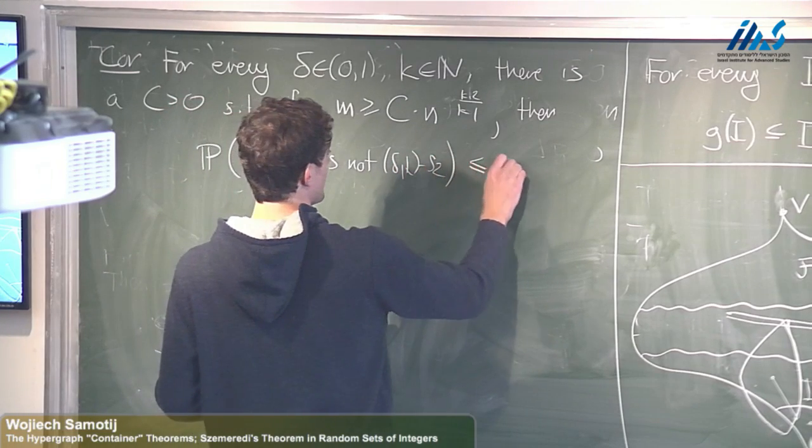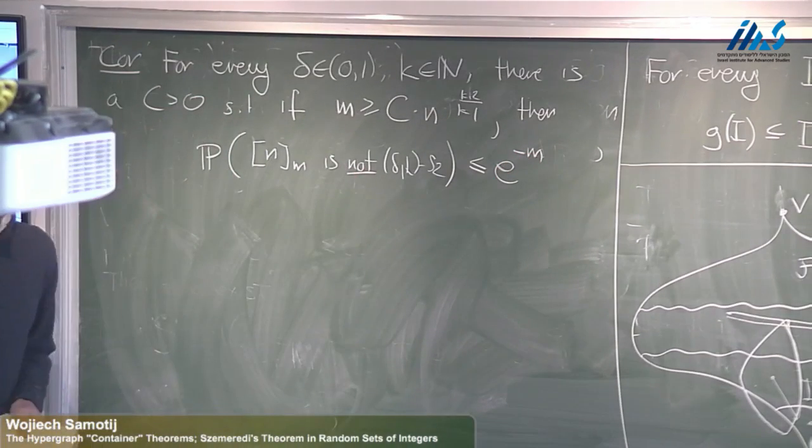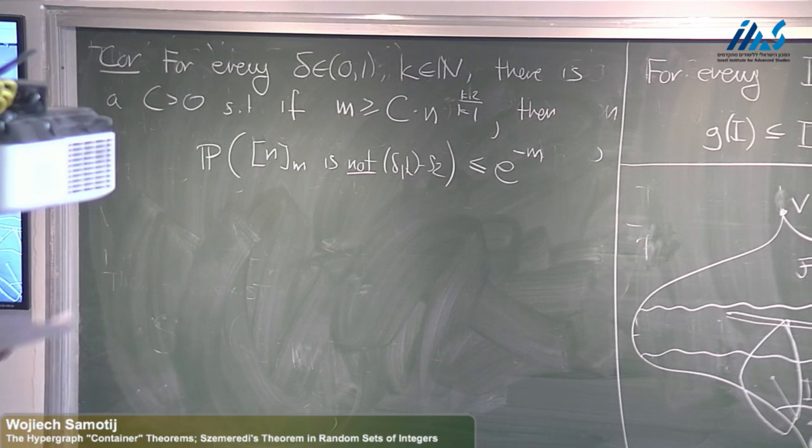It's at most e to the minus m. So with very, very high probability, a random m set will satisfy the Szemeredi property.